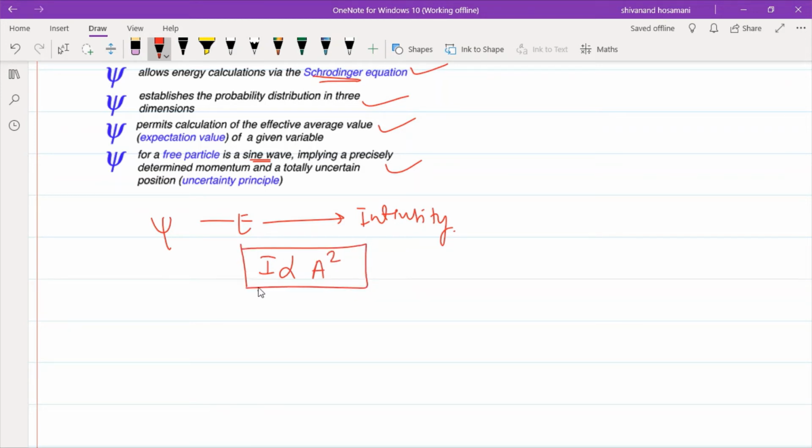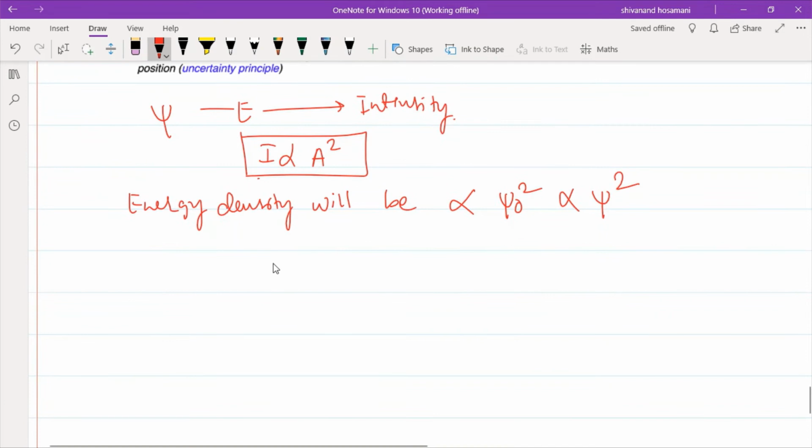In a similar way, here also the energy density will be directly proportional to the amplitude of this wave function, that is psi naught square. So we directly write this also as psi square, because this wave function is a complex quantity.